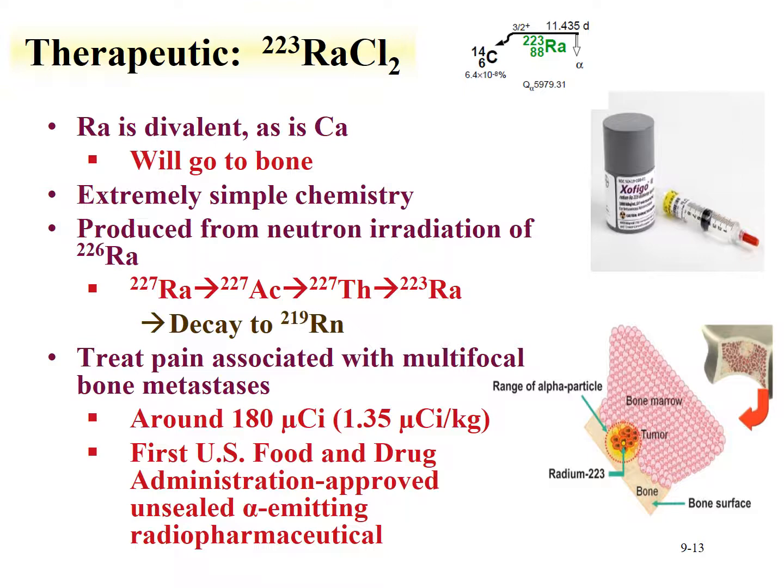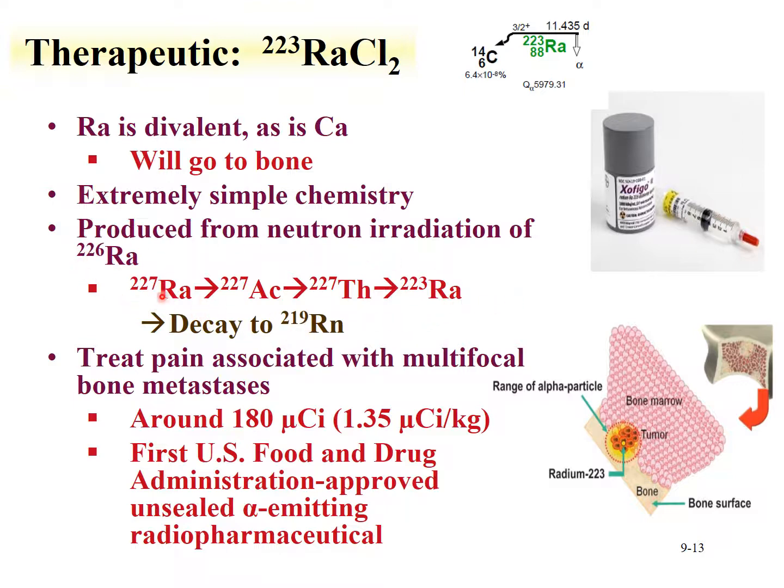Radium-226 is produced from neutron radiation. The radium-223 is produced from the neutron irradiation of radium-226. Radium-226 obviously will also go to the bone. However, its half-life is 1,600 years, so the specific activity is not nearly as high as the radium-223. And this is the decay.